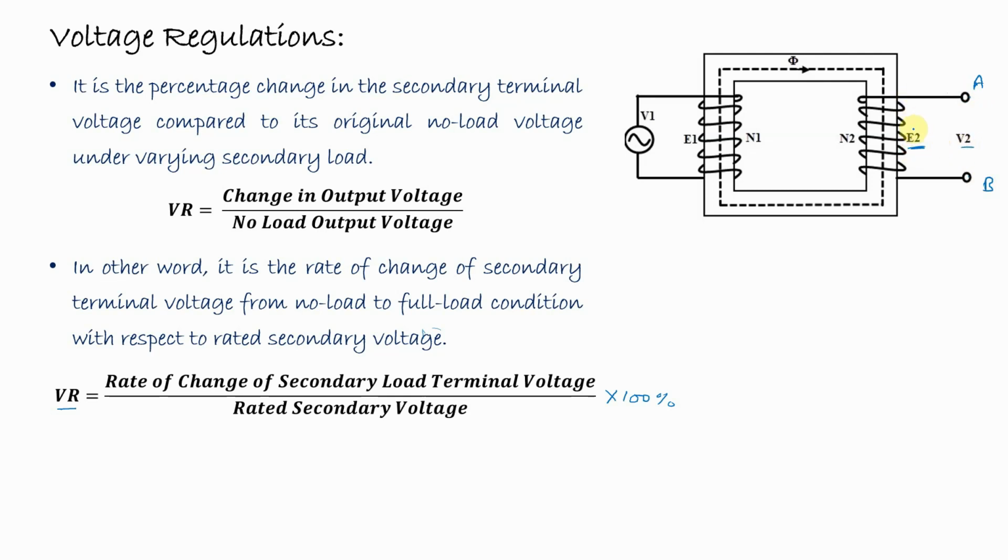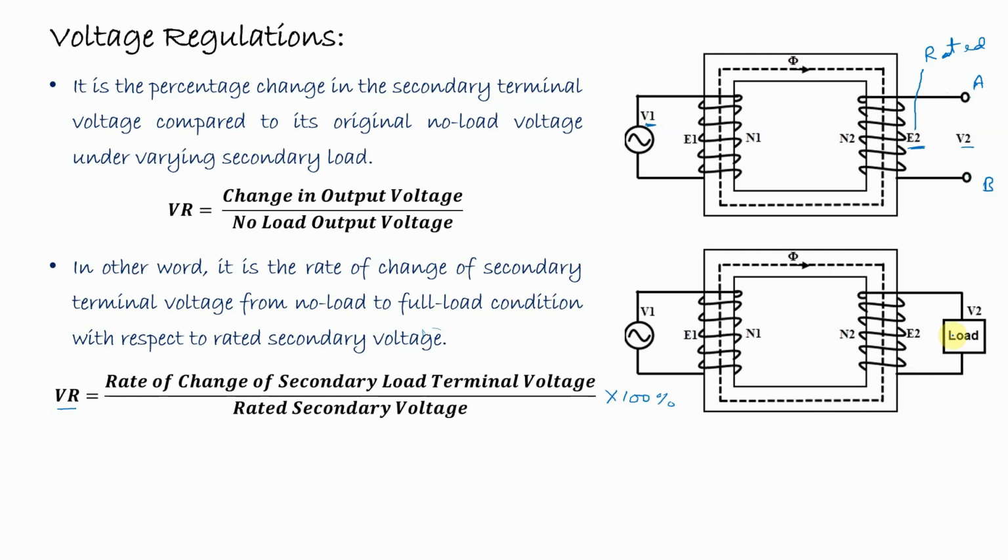E2 is a rated value. It is the rated value which is considered as the rated secondary voltage. It is always constant as long as the supply voltage is constant. So in this case, the secondary terminal voltage will be equal to the induced EMF in the secondary side.